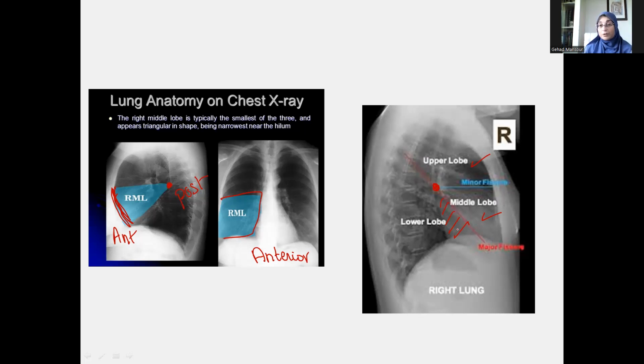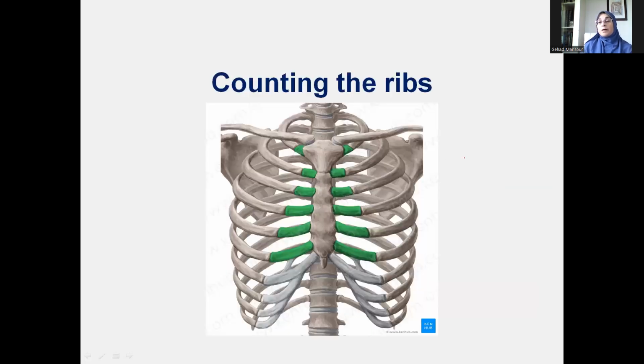But if you look anteriorly, you can just see the upper lobe and the middle lobe, and you cannot see the lower lobe because it lies posteriorly.